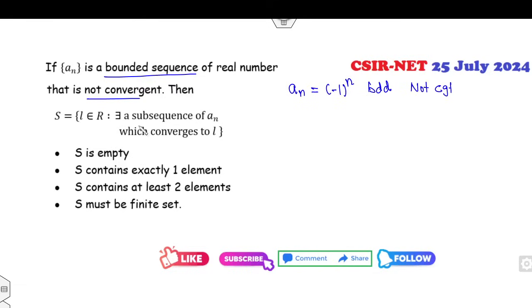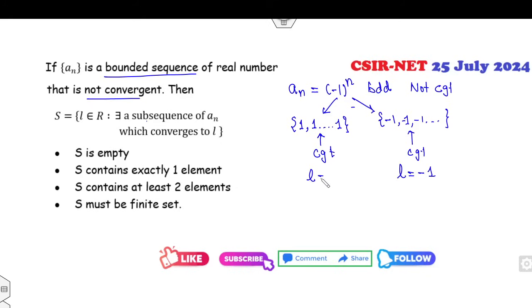This satisfies: L is a limit of a subsequence of an which converges to L. So clearly you have two subsequences, the even one, 1, 1, and the second, the odd one, -1, -1, -1. Clearly this is convergent to minus 1, and this is convergent to plus 1. So S is empty is the wrong option. S contains exactly one element is again the wrong option.